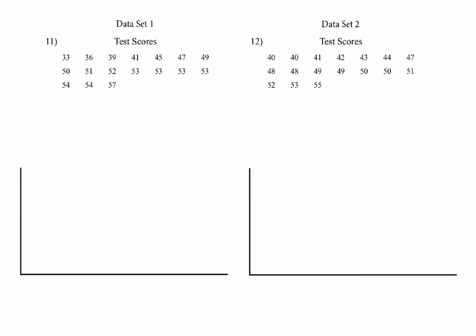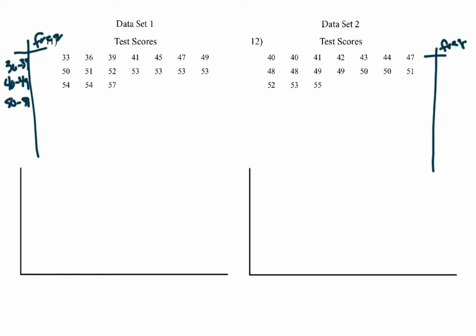Okay, so for a histogram, we need to do a frequency table, and we want to probably have the same intervals here. Okay, and then we do the frequency of those intervals. Okay, so it looks like our lowest is in the 30s, and we've got 40s and 50s. So it depends on how many we want to make, but we could do like 30 to 39, 40 to 49, and 50 to 59.